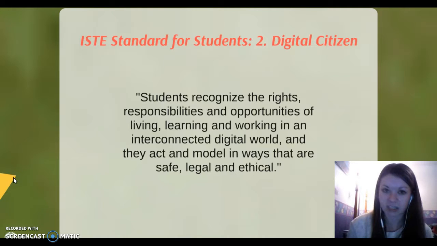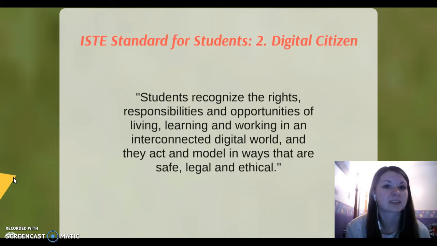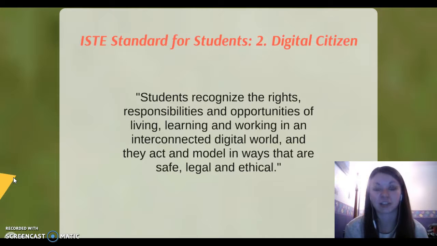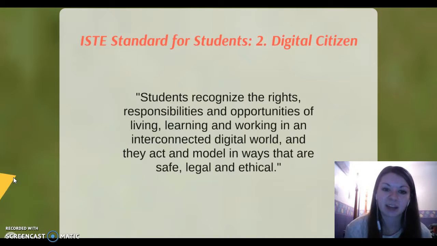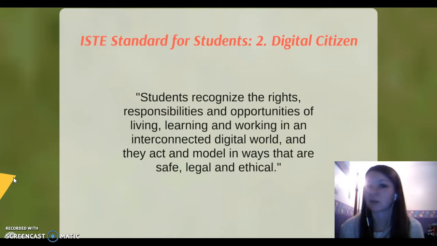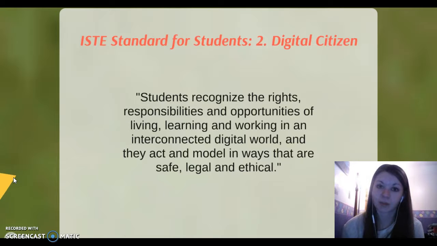We need to teach kids how to cite their work, because with all the copyright laws that exist, that's very important. We don't want any plagiarism happening, and we want to make sure they know it is a huge deal if they take a picture and claim it's theirs, because it's not legal. It's the same thing I was talking about earlier: keeping the kids safe. That's a standard that they as students have to meet and that we as teachers have to implement, so we need to get them to that point, because they're not going to know otherwise.